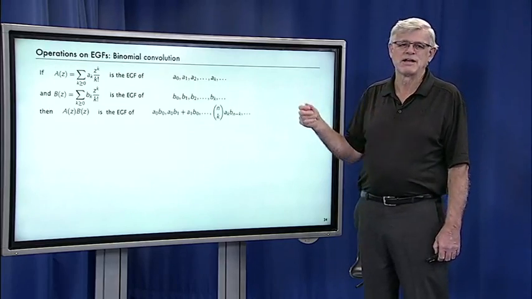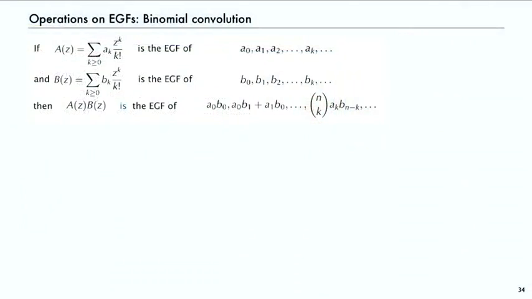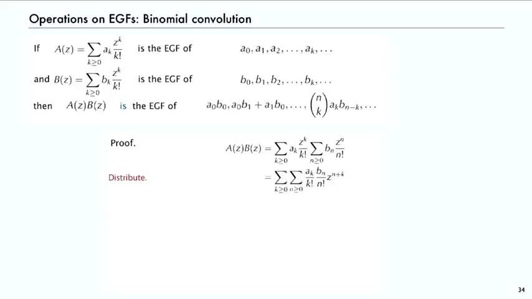And we have the same kinds of operations, and you can read in the book about differentiating, integrating, and so forth. And there's one important operation that's what happens when you multiply two EGFs. Then you get what's called a binomial convolution. And that's just applying the same steps that we used when we were proving what happens with the product of two ordinary generating functions, but we carry through the k factorial and the n factorial.